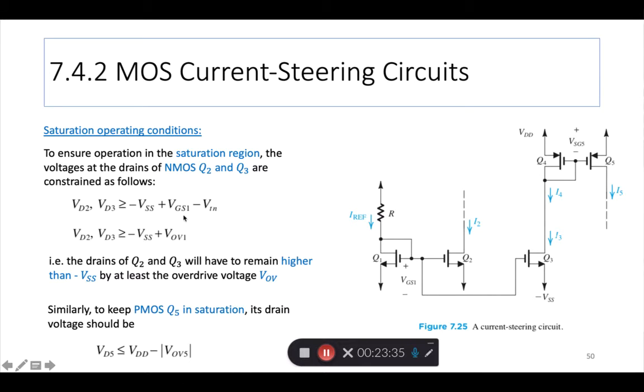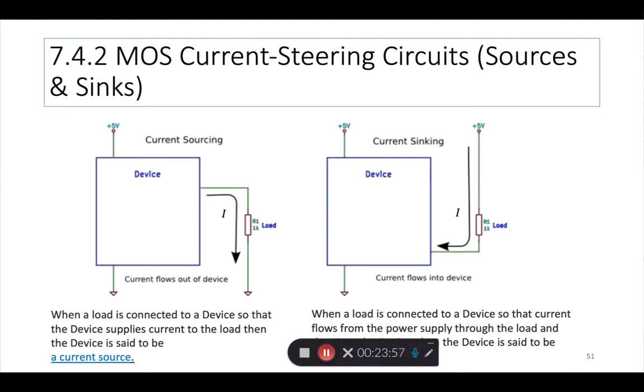VOV5 would be VSG5 minus the absolute value of VTP, for the PMOS. Whatever it is, this condition has to be satisfied. So the bottom line is this transistor, this transistor, this transistor have to be in saturation. Otherwise your current source may not work very well.